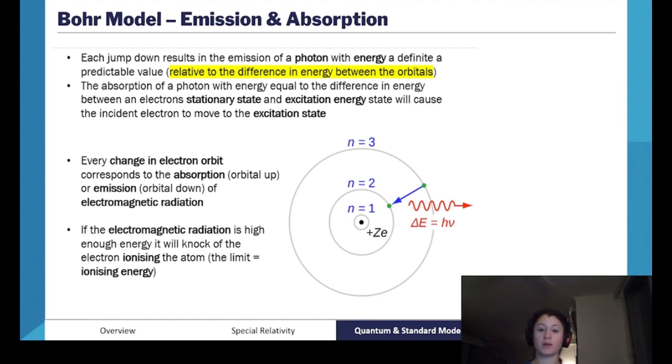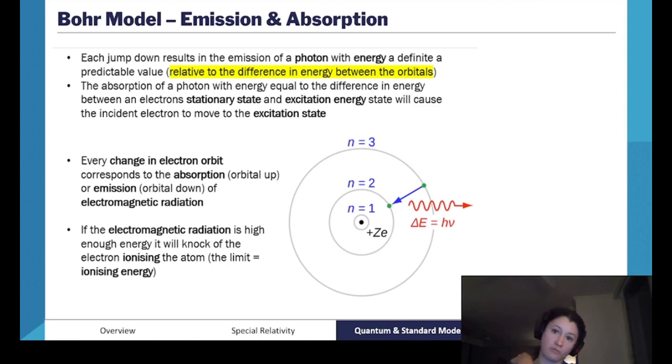So, if we have an electron moving down an orbital, it's going to emit energy because it's losing energy, right? And because the electron has moved down a certain amount, it's going to emit a certain amount of energy, which is relative to the difference in energy between the orbitals. The absorption of a photon with energy equal to the difference in energy between an electron's stationary state and excitation energy state will cause the electron to move to the excitation state.